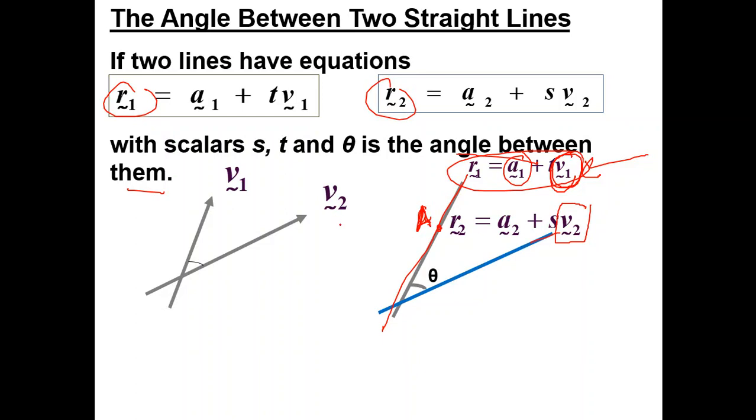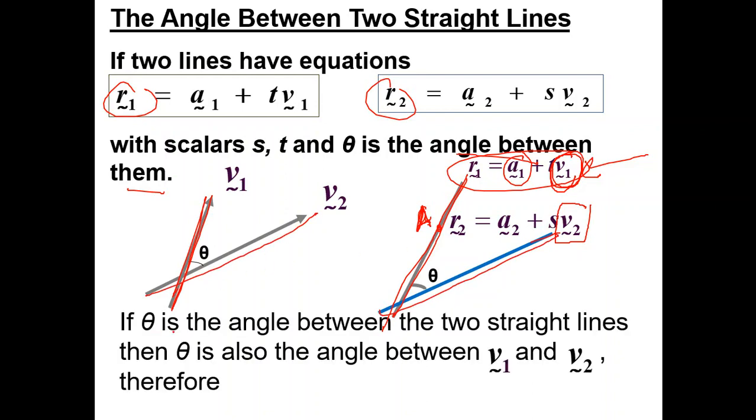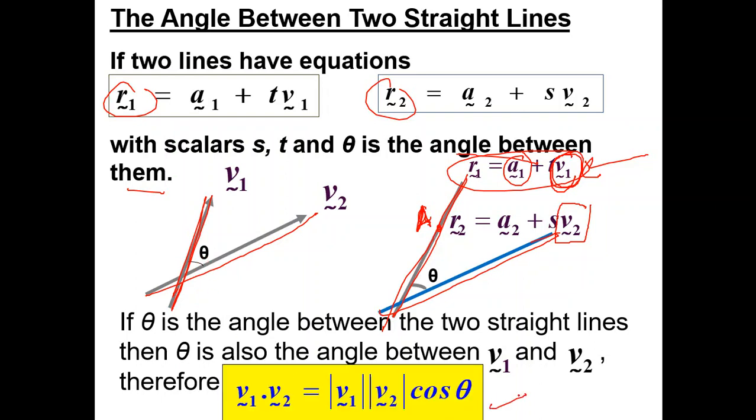So the angle between v1 and v2 is also theta, because this line is parallel to this line, and the blue line is parallel to this line. If theta is the angle between the two straight lines, then theta is also the angle between v1 and v2. Therefore, we use this formula.